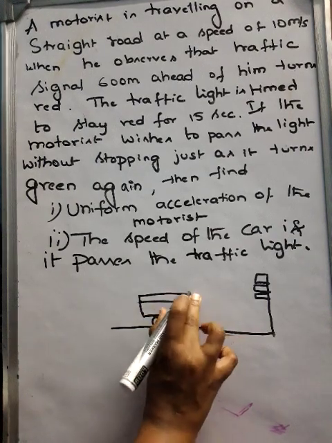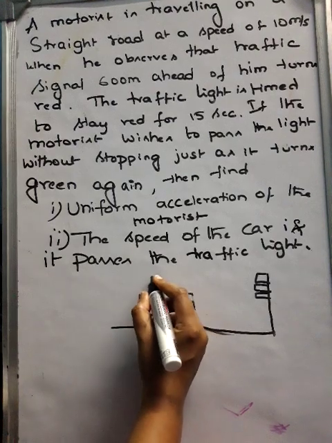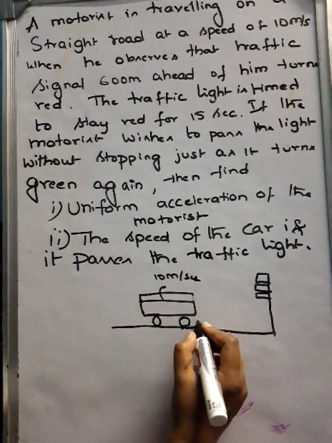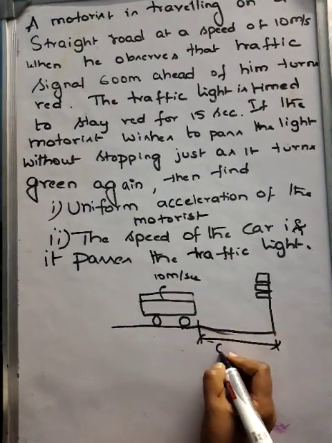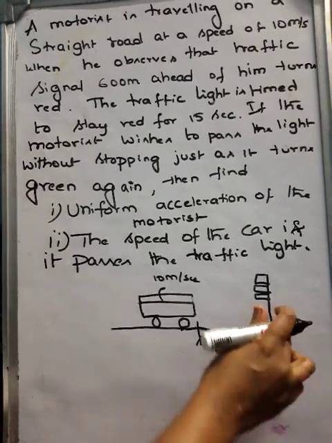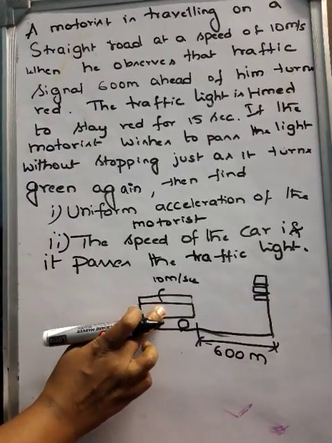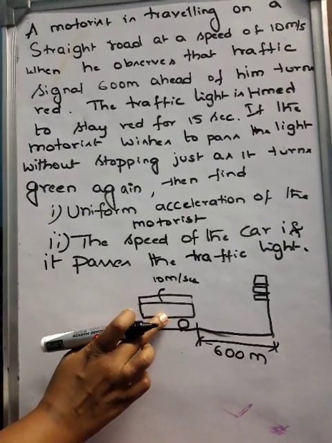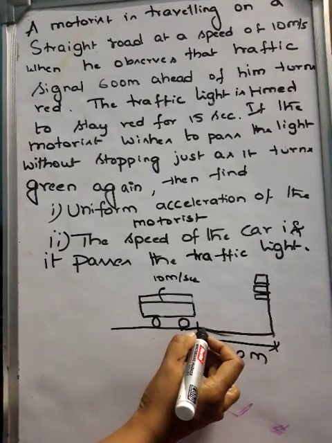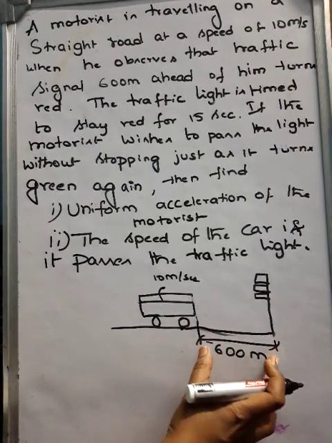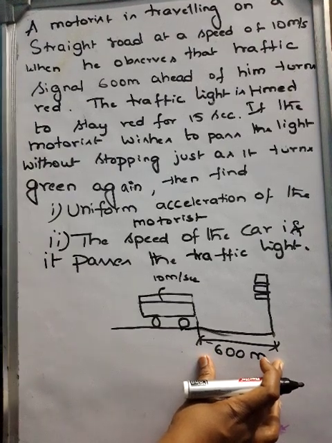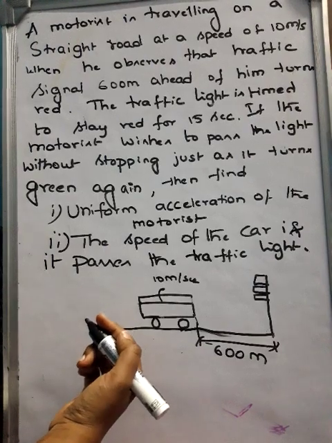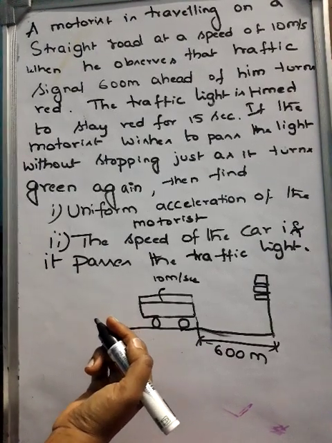So this motorcycle is traveling with a speed of 10 meter per second, and it is 600 meters away from the signal. This motorcycle is traveling on a straight road at a speed of 10 meter per second. Now, when he reaches this point, about 600 meters from the signal, he notices that it is going to stay red for 15 seconds.